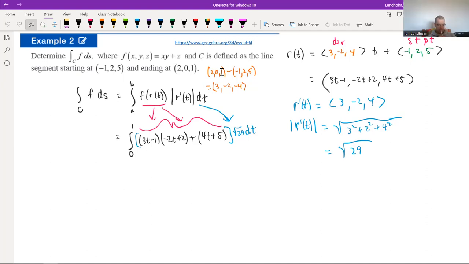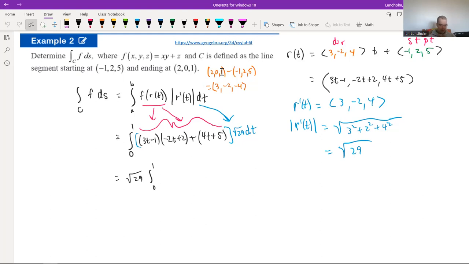So we've got everything in terms of t now, and we would be able to solve this integral. Honestly, I'm going to do it. Feel free to fast forward if this part's boring. I think I want to collect terms. I want to throw the square root of 29 out in front.